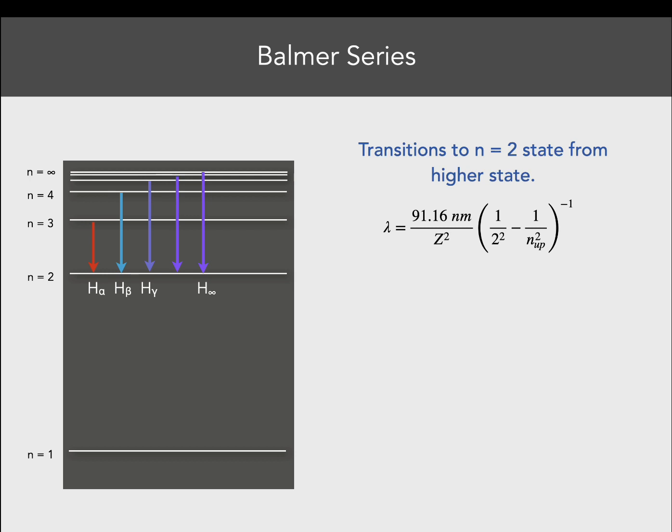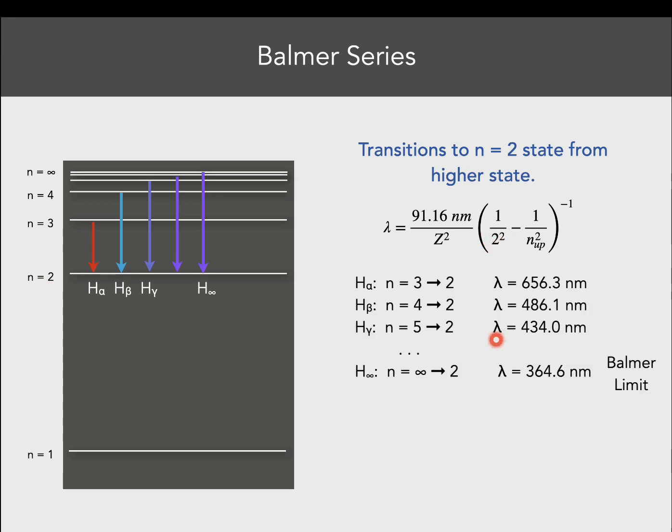Spectroscopists typically characterize or lump these transitions into different groups or series. So anytime you have a transition from a higher state to the n equals 2 level, or the n equals 2 level to a higher state, that's called the Balmer series. In each case, the lower state is equal to n equals 2, so we can just plug in 2 for n lower.